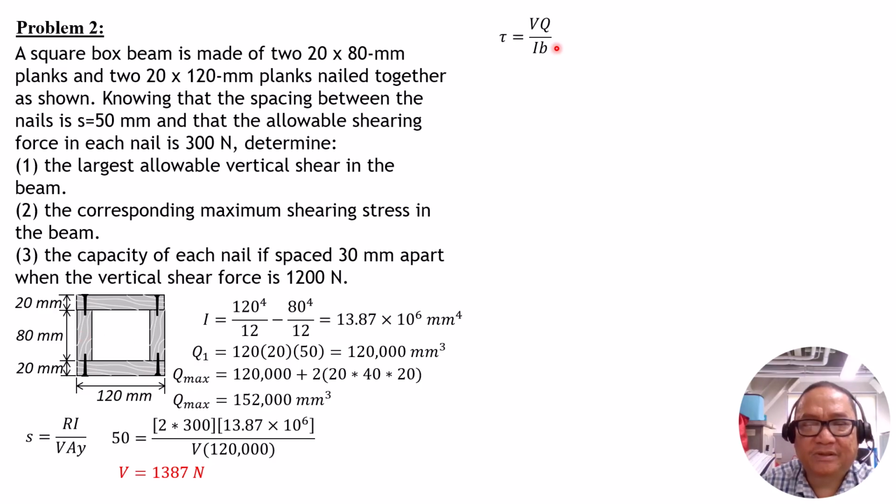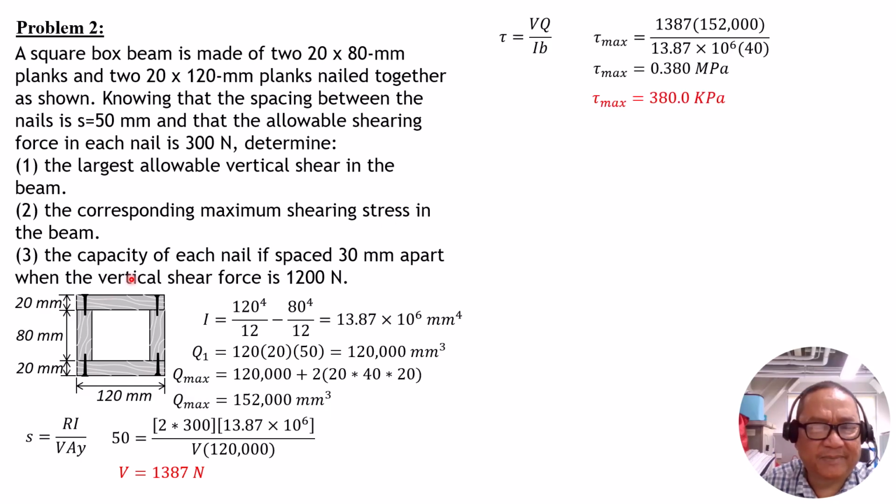So substitute: V is 1387, Qmax is 152,000, divided by I 13.87 times 10 to the 6, then b is 40 mm, 2 times 20. Solving for tau max, 0.380 megapascals, or 380 kilopascals.